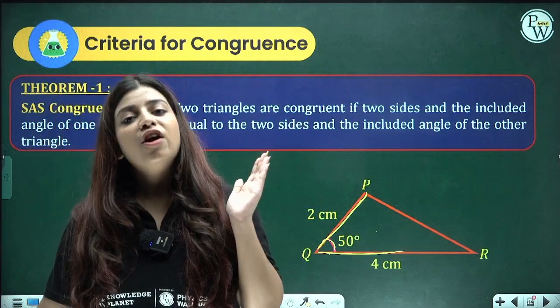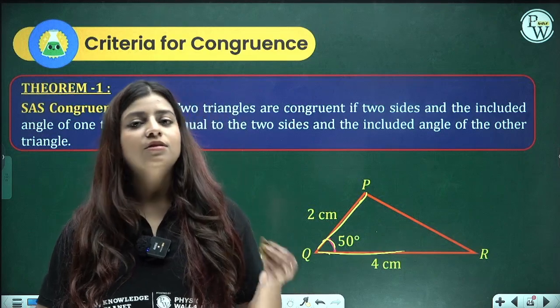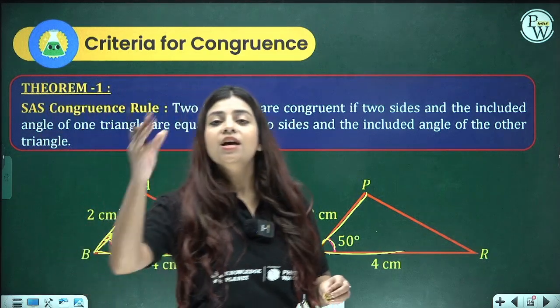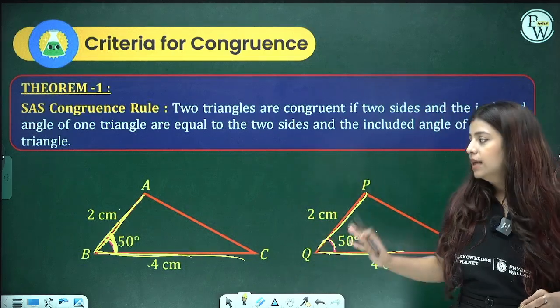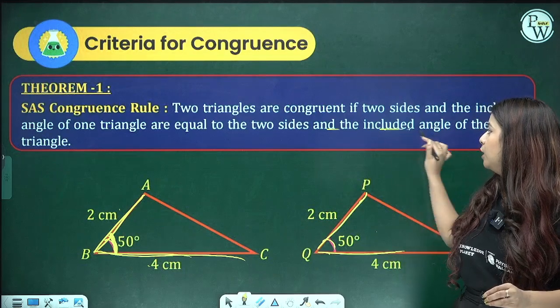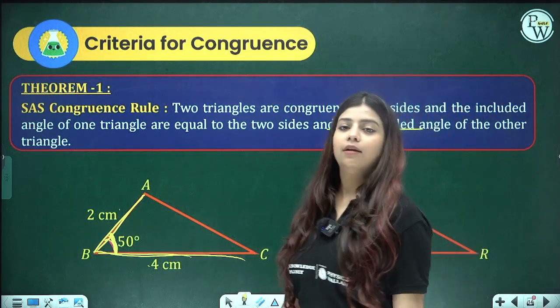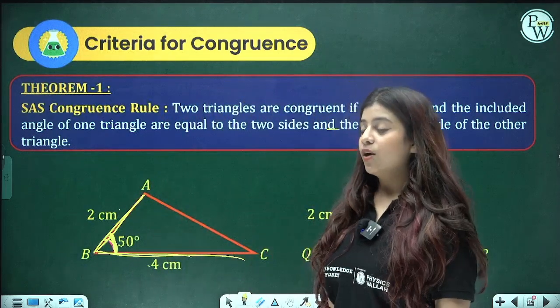Right? So for any two triangles to be congruent by the criteria of SAS, students, that angle has to come in between the two sides that are given, or the two arms in that particular figure. So such a criteria where two sides and the included angle are equal to each other, then we can say that these two triangles are congruent.